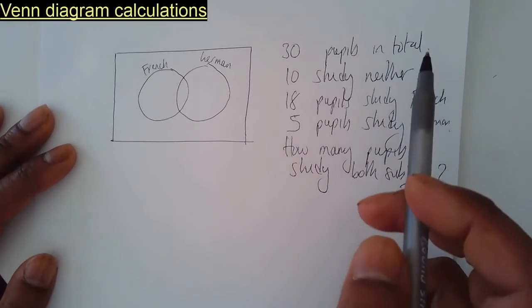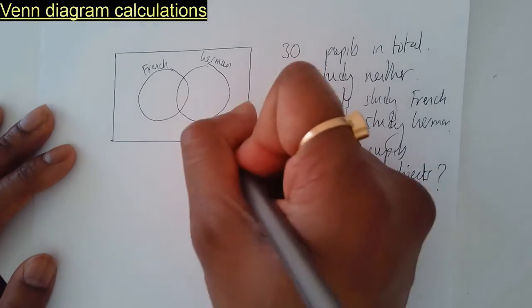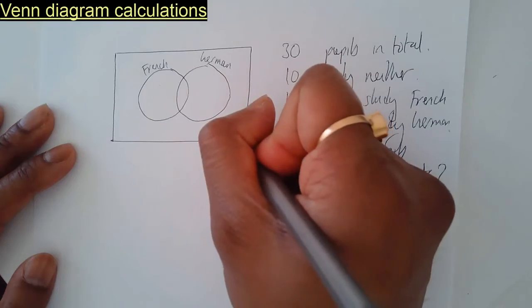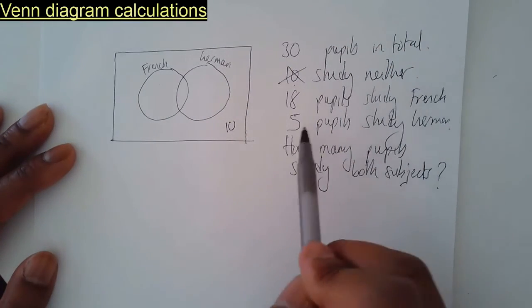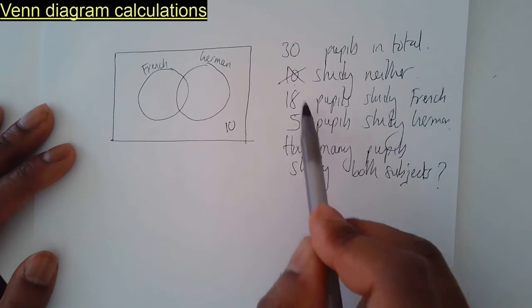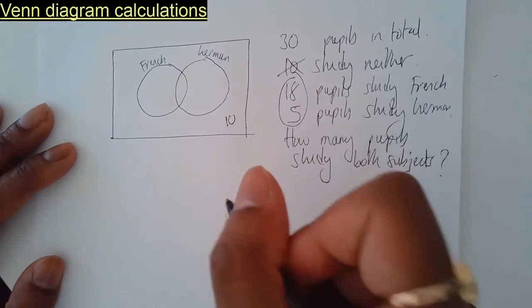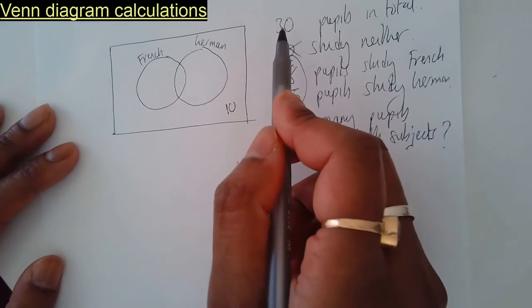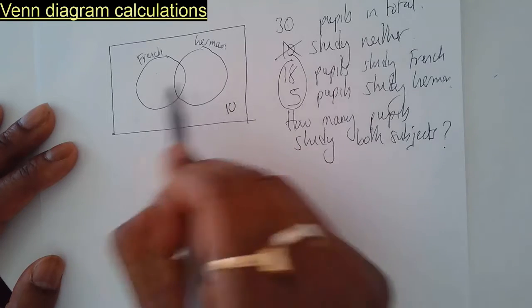30 pupils in total. 10 study neither French or German, so you can put that 10 outside. 18 pupils study French, 5 pupils study German, and obviously some of those pupils study both. Right, what we do first is we do 30, the total, take away pupils that don't study anything.